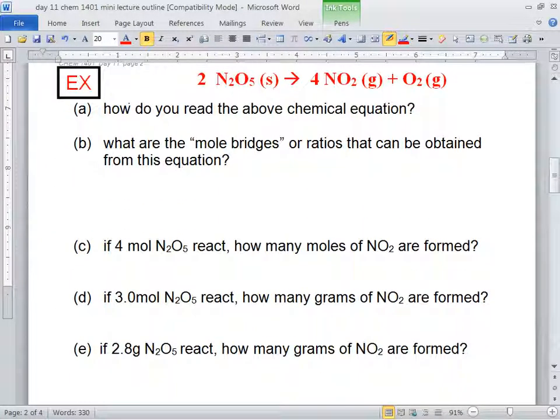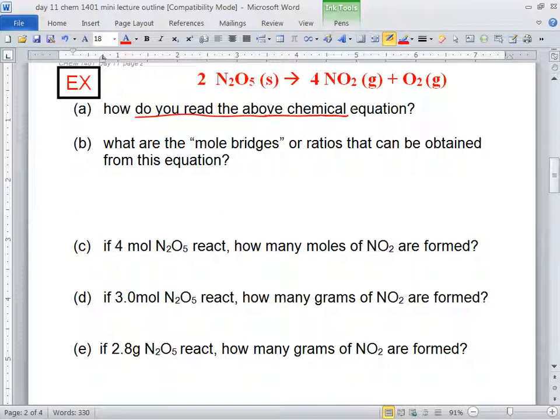So let's get started. It starts with these reactions. How do you read this reaction? Paul, how would you read that reaction? Yeah, dinitrogen pentoxide, but to what?